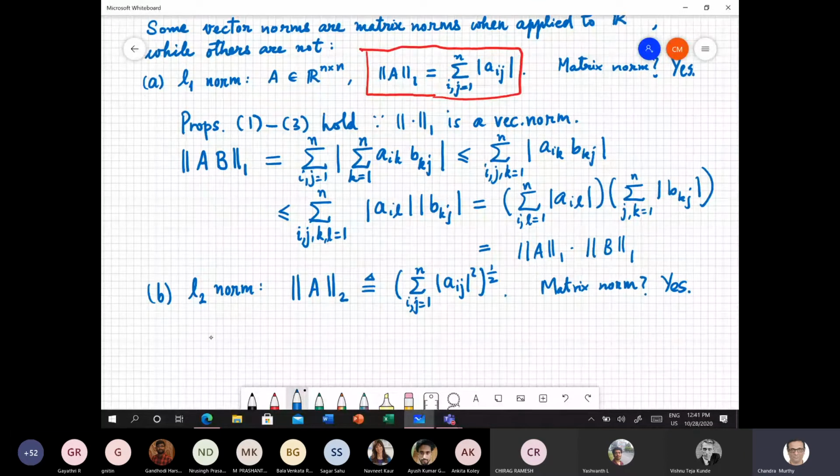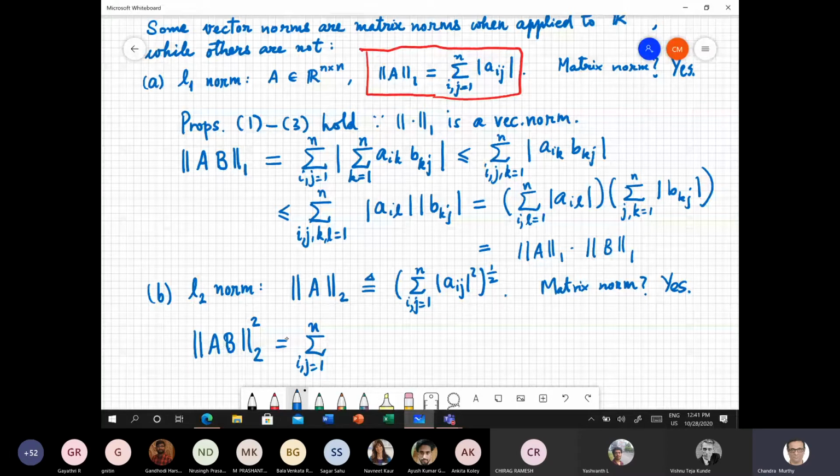Once again, if I take the L2 norm of a product AB, this is equal to the sum over i, j equal to 1 to n. I'll consider the square so that I don't have to keep writing square roots. If I show that the squared norm of AB is less than or equal to the squared L2 norm of A times the squared L2 norm of B, that's good enough for me.